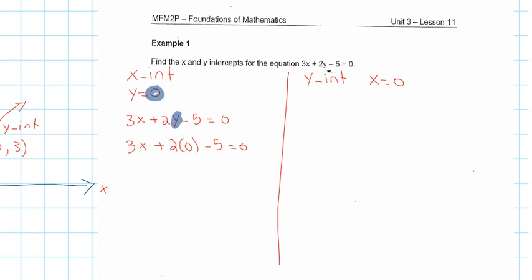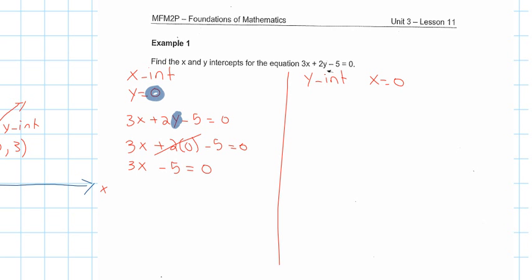So what I did so far is I replaced that y with a value of 0. Now I'm going to have to do BEDMAS, and solve for x. So if I simplify this, 2 times 0 is 0, yeah? And then minus 5 equals 0. Are we okay with this so far?